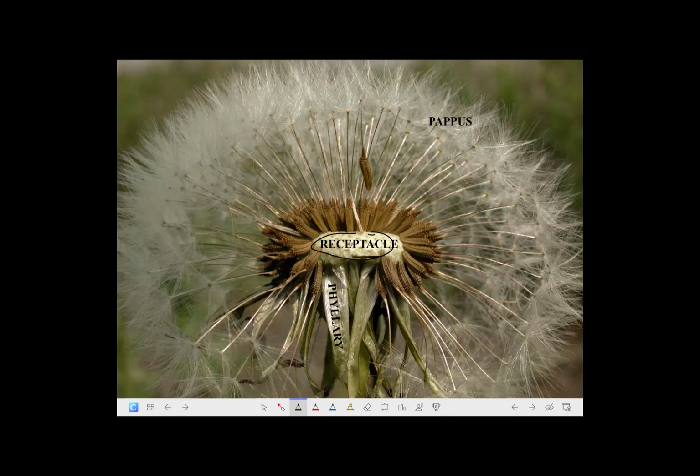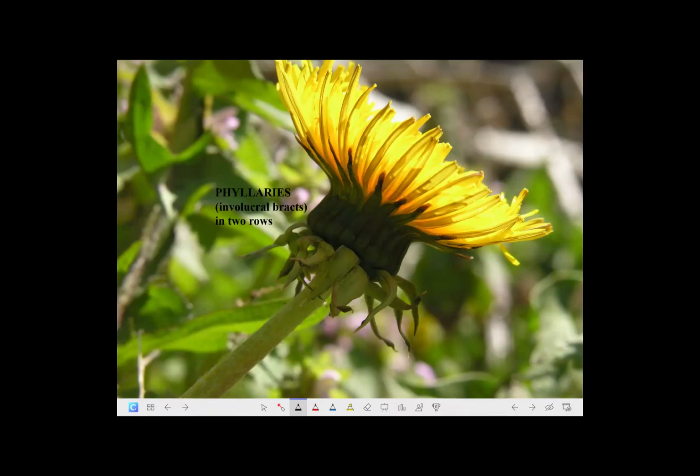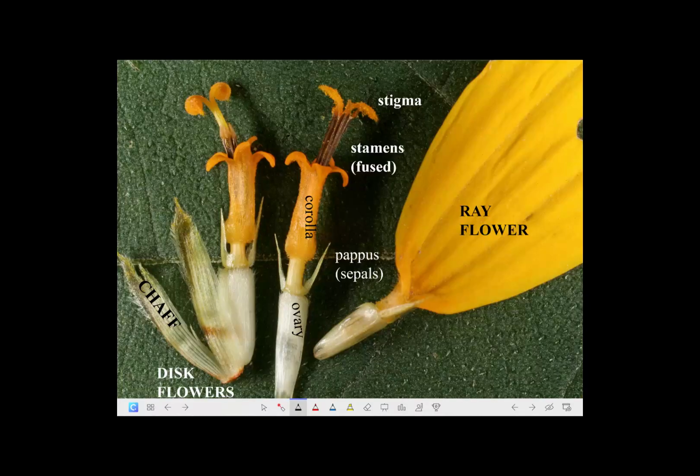This is a smooth receptacle, not a chaffy one. The pappus is the modified sepals, and the phyllaries are below the inflorescence, and it's basically leaves. Here the phyllaries are very distinctly in two different rows. A nice division of types of phyllaries, useful diagnostic feature.